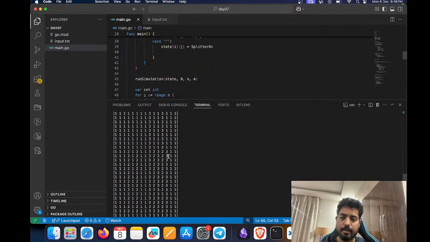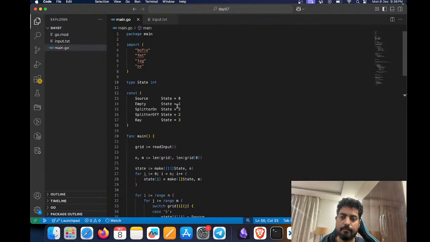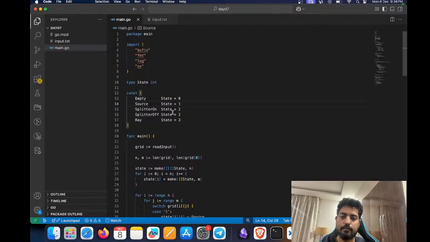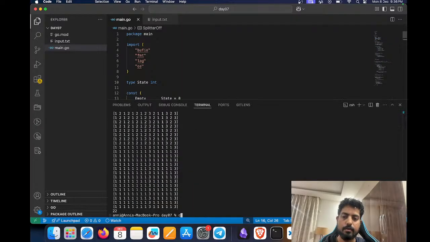What's happening here? I mean, is this even correct? I think this one is empty. So I'll reverse this. Oh, because we have marked the state as the same integer, which is 2 in both cases, and this is why we had this silly mistake. I mark them as 2 and 3 now. And let's see.